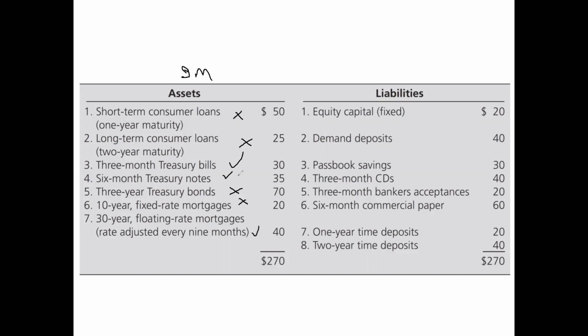So our rate sensitive assets are 1, 2, 3. If you add them up, 65 plus 40, our rate sensitive assets will be equal to 105.